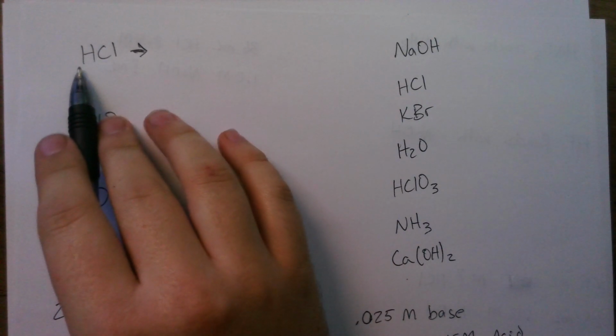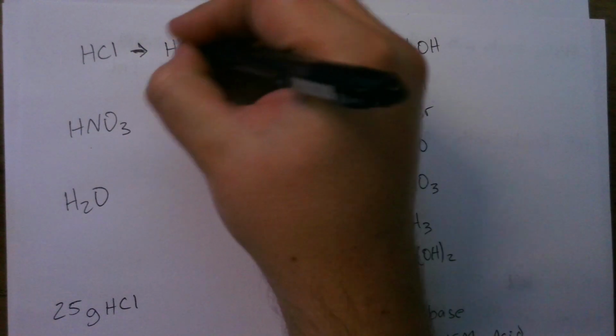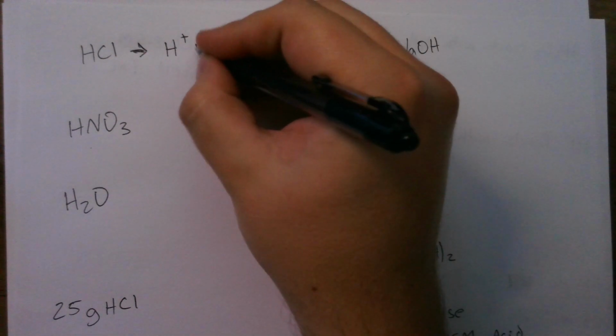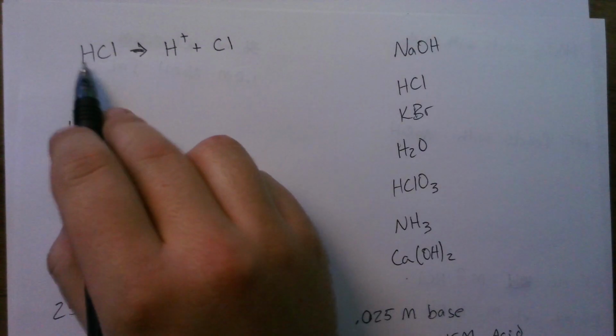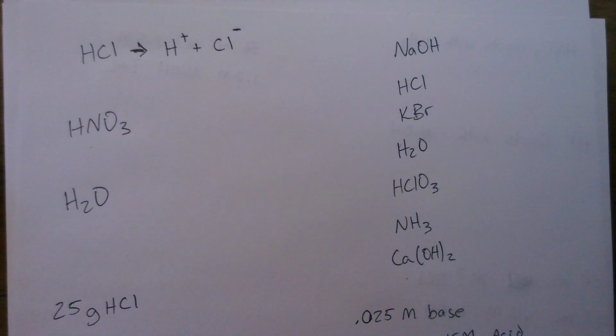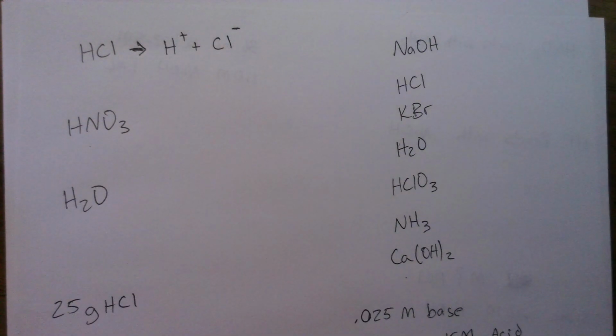So in this case, hydrochloric acid, HCl, when it reacts, it loses an H+. It is a proton donator. All that's left is this chlorine, and this stole a positive charge away, so to make sure my charges are good, the chlorine has a negative now. So hydrochloric acid splits apart into H+ and Cl-.